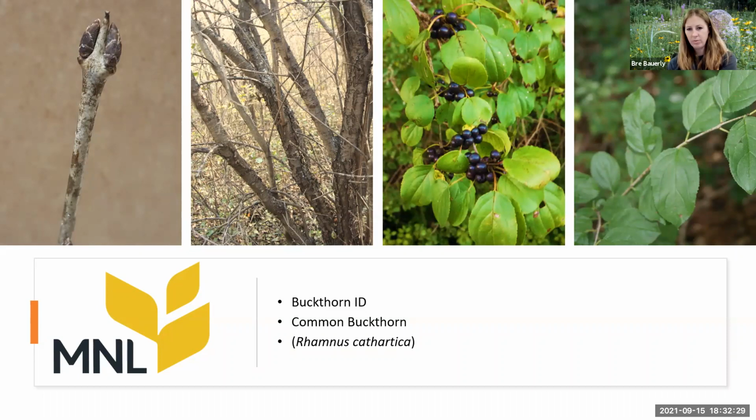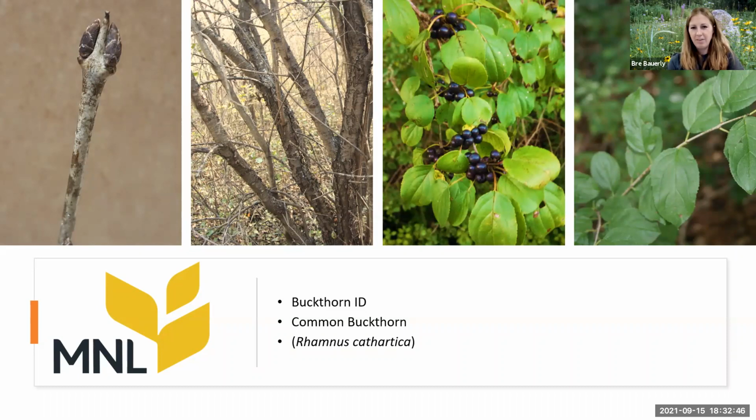But the leaves are really the best way, I think, to tell whether you're dealing with a buckthorn or something else. They are sometimes arranged on the stem in an opposite pattern or an alternate pattern, so that's not super helpful.